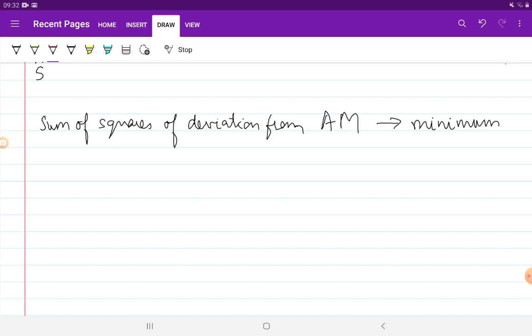So, when you're selecting deviations from arithmetic mean, the sum of the squares of the deviations will be minimum.